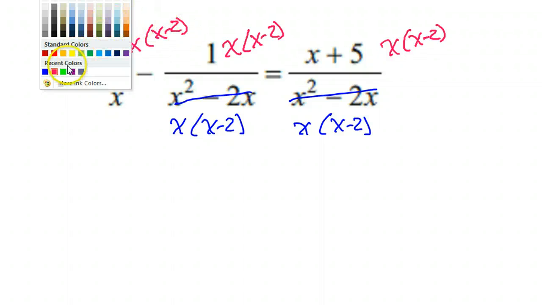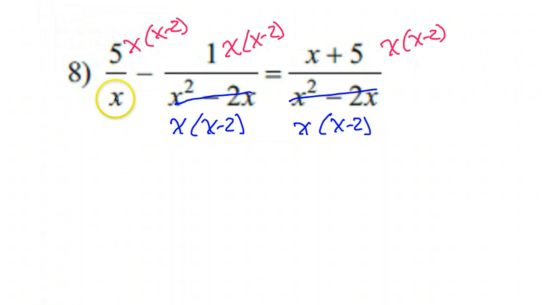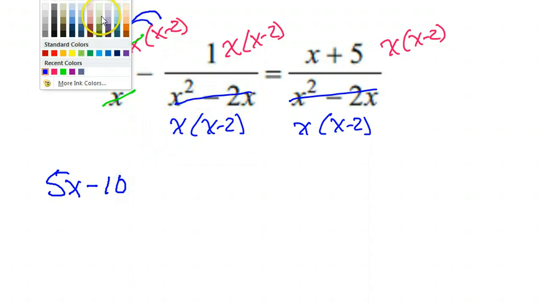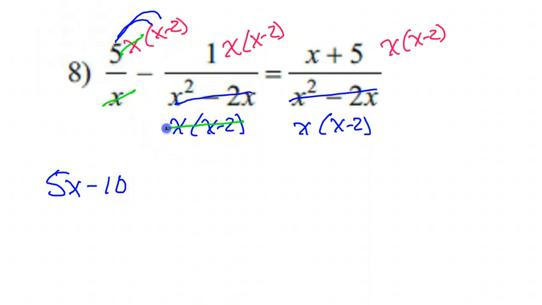All right, let's see what cancels. In the first fraction, the x cancels, but that leaves me with the 5 and the x minus 2, so I will distribute that, and that's going to make 5x minus 10. In the second fraction, the entire denominator cancels out, but that will still leave 1.